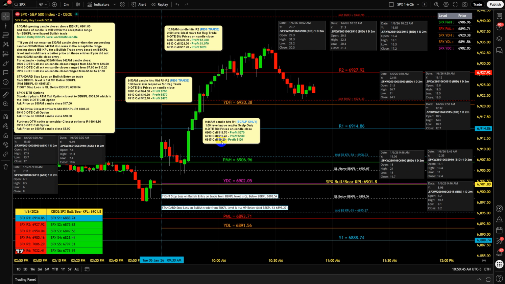The 6915 is $9.20, so that's a profit of $120 per contract. Obviously, if you got in on one of these other candles here at a lower price, then your profit per contract would be greater based on what price within this range that you got into.